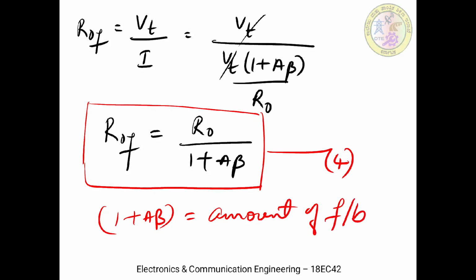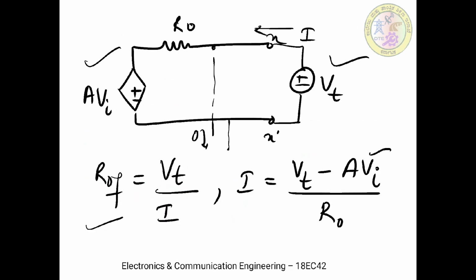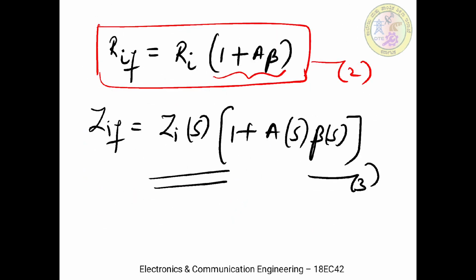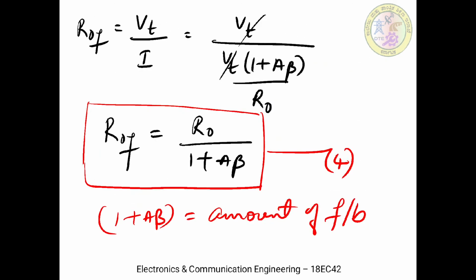In the case of input resistance RIF, the input resistance was increased by an amount 1 plus A beta, whereas this output resistance ROF will be reduced by a factor 1 plus A beta. So this is the relation between input and output resistance in the case of amplifiers.